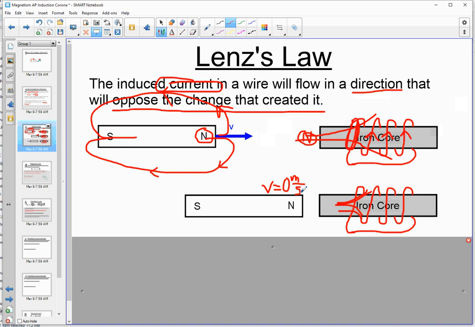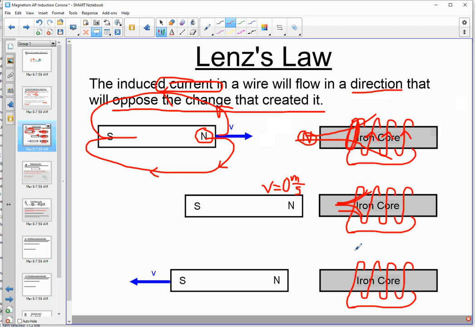So the loop is ambivalent, whether there are a lot of field lines through it or no field lines through it. It just doesn't want change. So if you leave the magnet stationary, you will get no current to flow in this coil.